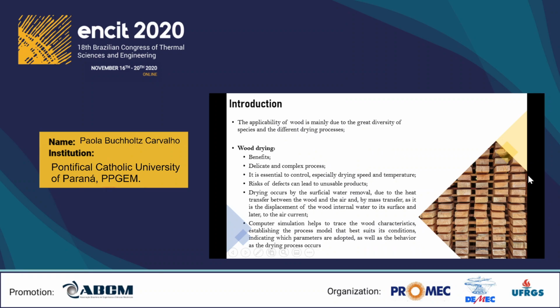The applicability of wood is mainly due to the great difference of species and the different drying process, once each type of wood has anatomical characteristics and thermophysical properties that directly influence its industrial use. This process facilitates handling, transportation, some processes such as sanding, and makes dimensional variation difficult.